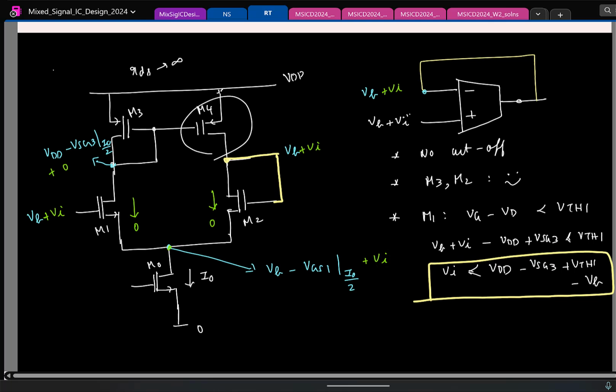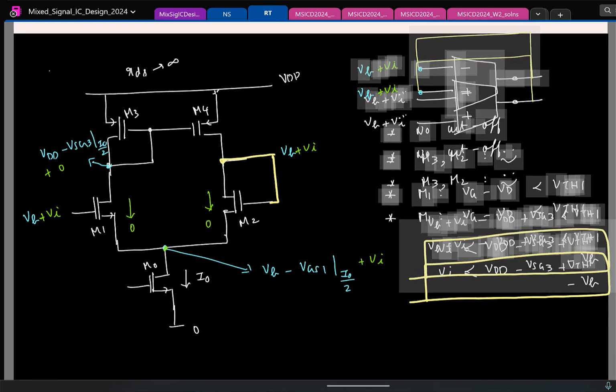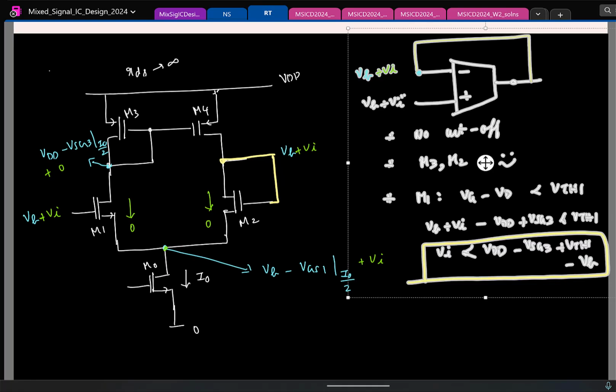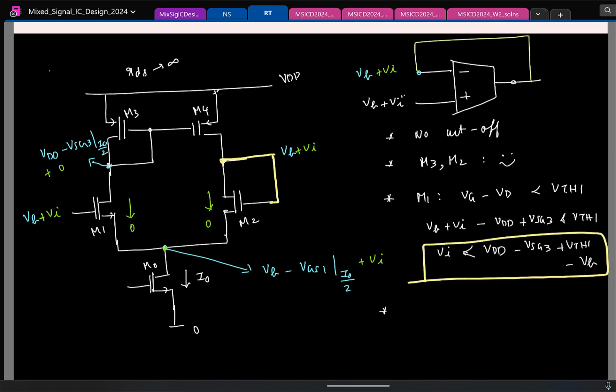Let's do for M4. We'll have to make some space. If I do it for M4, what do I get? What is the condition for M4? Yeah, I need to have the other condition. Again, the same thing. However you remember it, we can do it. So if you put in the values, what is the drain voltage for M4? Total drain voltage. VB plus VI, fine.